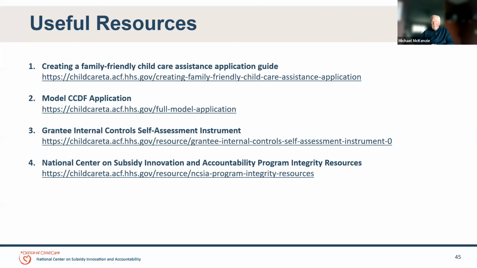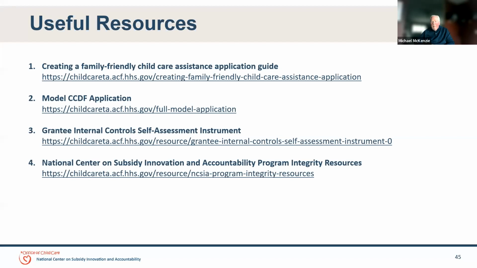Janae Williams is originally from Louisiana, and when Janae was still at Louisiana, she actually used the internal self-assessment instrument for her agency just to check out how they were doing in terms of program integrity and how they might improve some of their operations.